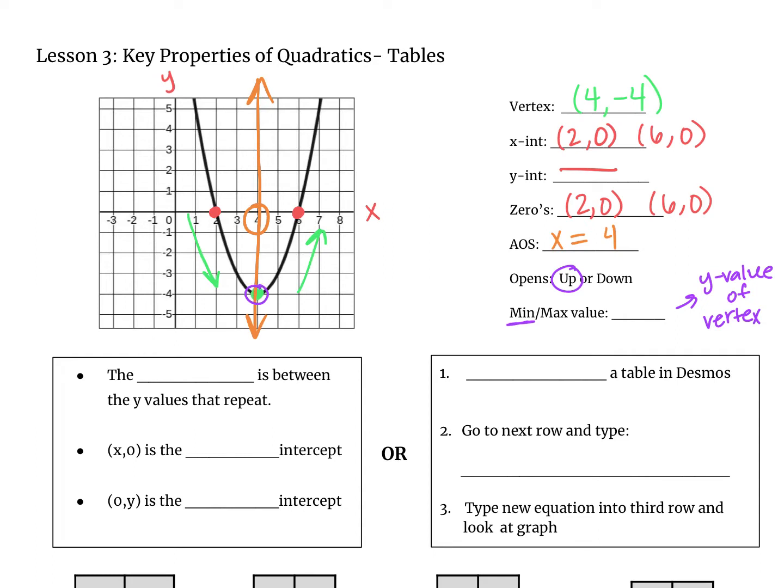So right here is our minimum point, and the y value is -4. So that's just a review of key properties of quadratics when looking at a graph.